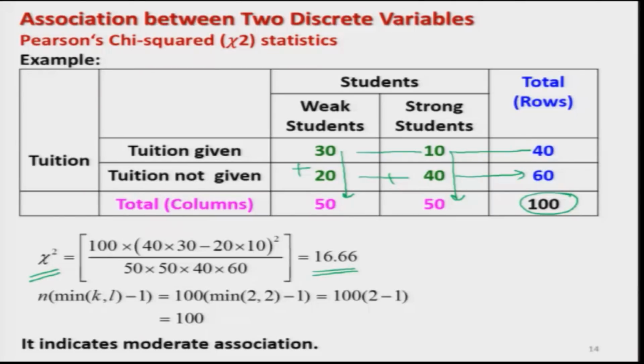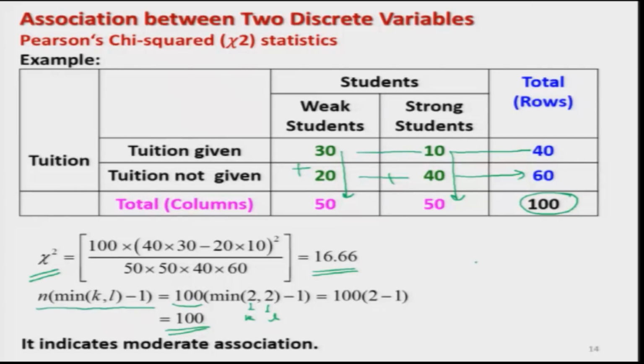This is a manual calculation, right? And then the value of the upper limit, which is n into minimum of k, l minus 1. You can see the value of n here is 100, k here is 2, and l here is 2. The minimum value between 2 and 2 is 2, and 2 minus 1 is 1, so this value here is 100.